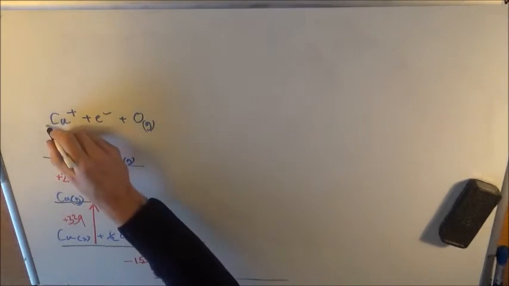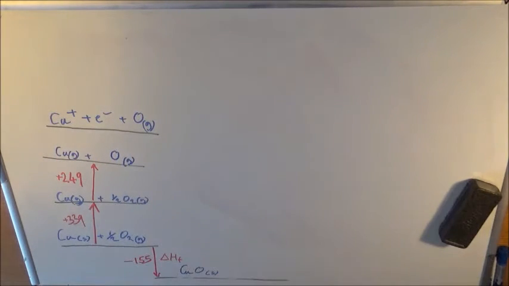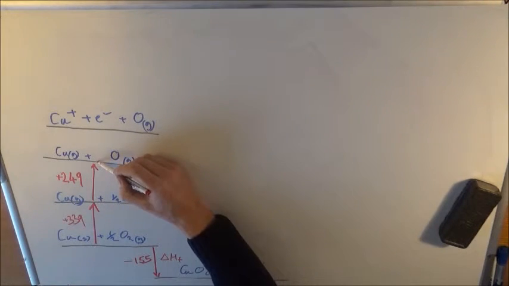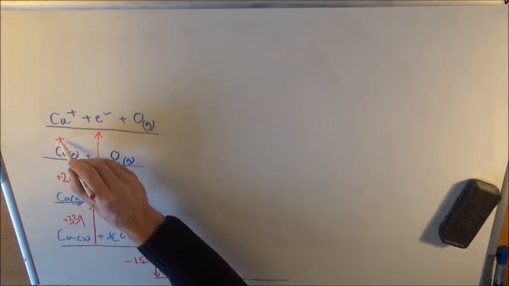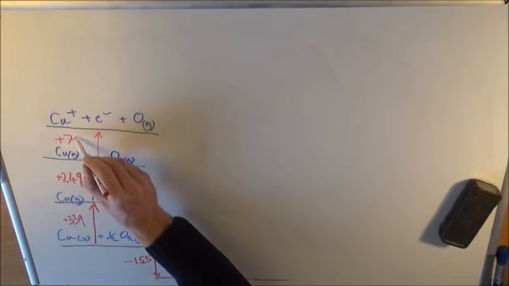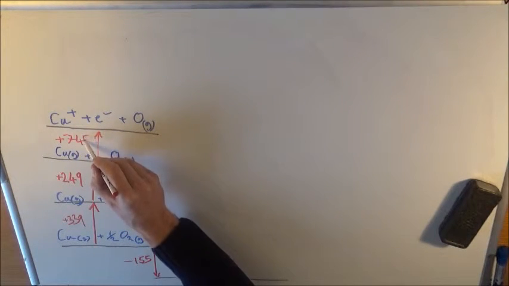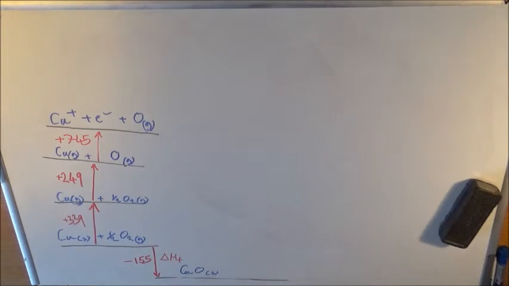So that change corresponds to the first ionization energy of copper, which you remember from AS, and so that is plus 745 kilojoules per mole, first ionization energy of copper.